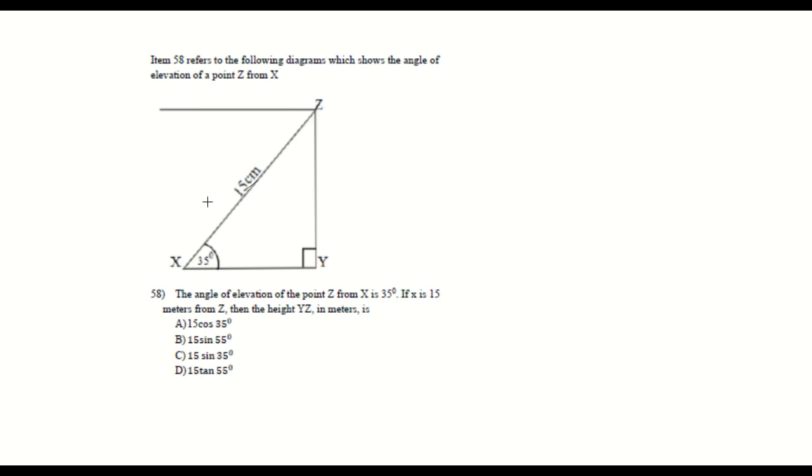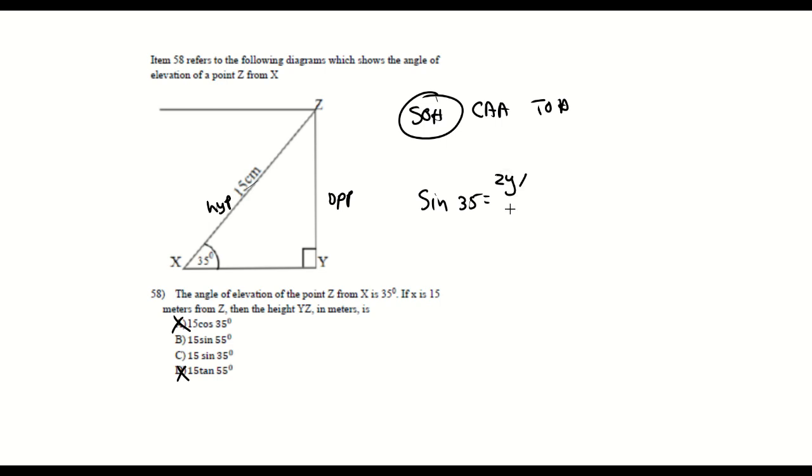So we have your hypotenuse, you have this angle, and they want ZY, which is my opposite. The only one I will be using is sine. So which options have sine? All of them, well, not A and not D. So it's either this one or this one. I know sine 35 is going to be ZY over 15. If I want ZY to be the subject, I carry this across. So 15 sine 35 will give me that. So I know that the answer is C.